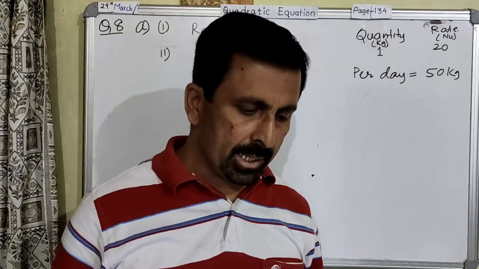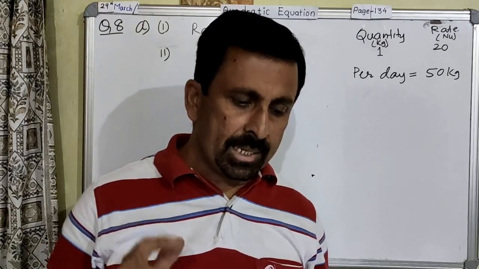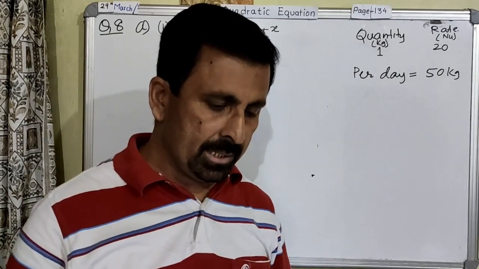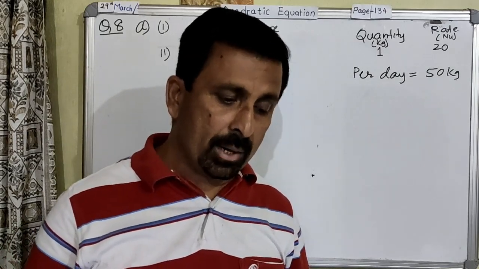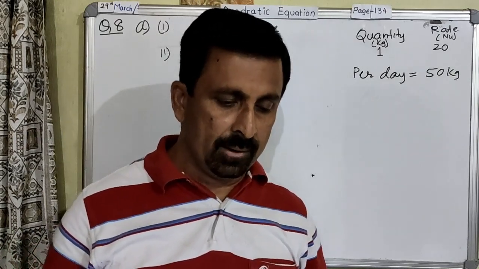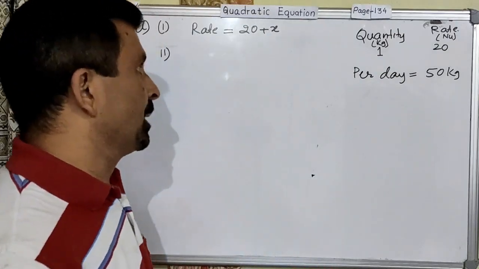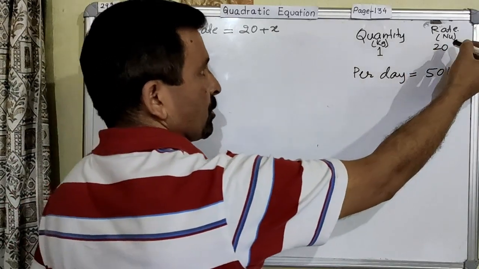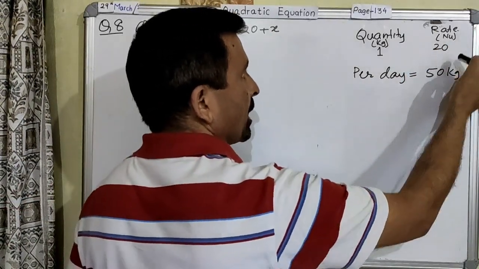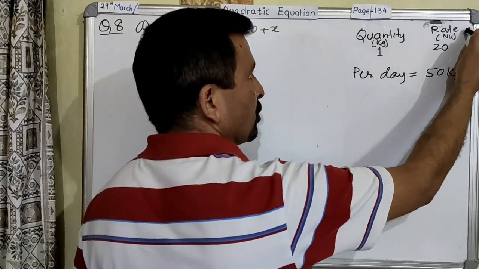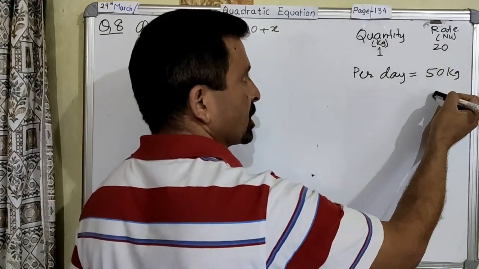Now second, Roman number 2: write an algebraic expression to represent the number of kilograms the shopkeeper expects to sell for each price increase of X Newton. From here we have understood that when the price increases by 1, the decrease in the sale is 1. Increase in the price is 2, the decrease in the sale is 2.